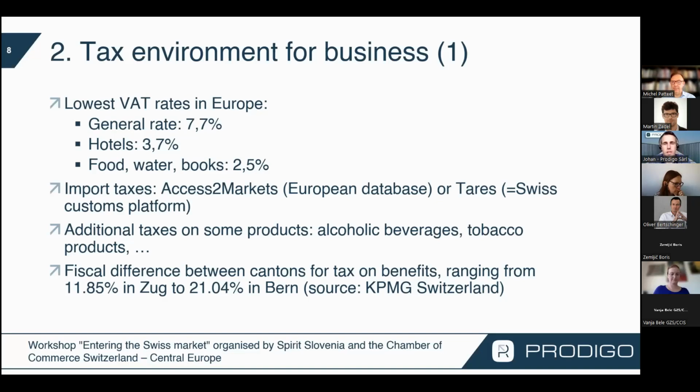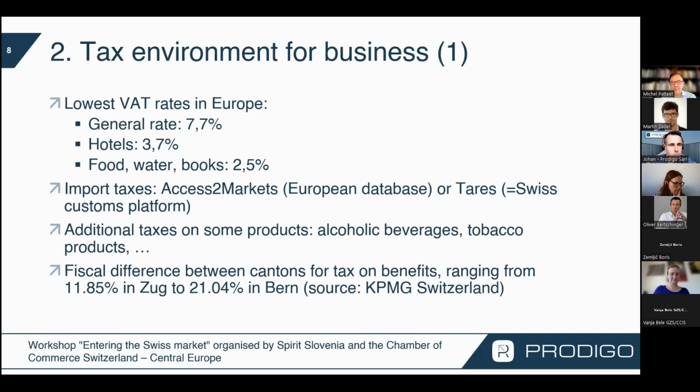Another fiscal aspect which can affect your business in Switzerland is the tax on benefits. As it has been said before, there are many differences between cantons in Switzerland, and one of them is the tax on benefits. So you can see that the differences are quite important.